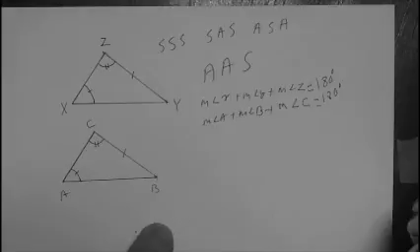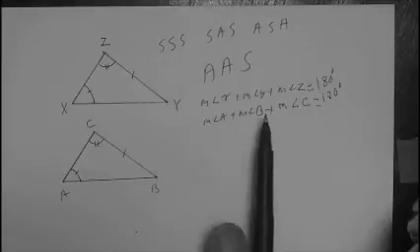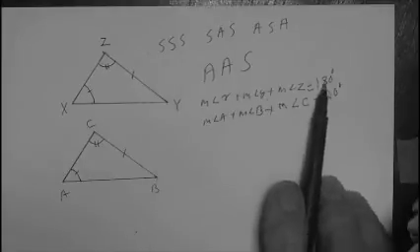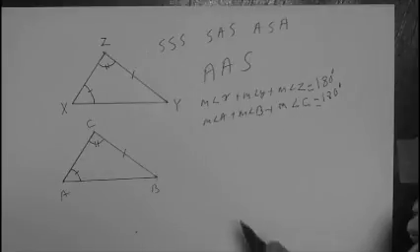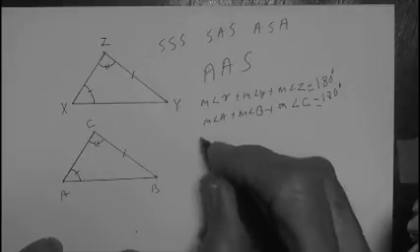And since those are equal both to 180 degrees, I must say that they must be equal to each other by substitution. I can take out the 180, put this one in its place, and I can say that the measures of angle X, Y, and Z add up to the same thing as A, B, and C, so they must be equal to each other. Let's do it in alphabetical order.